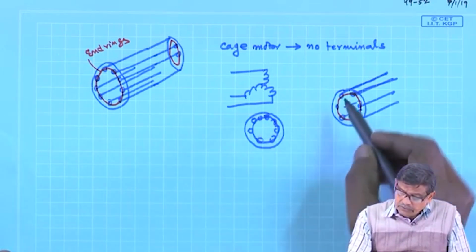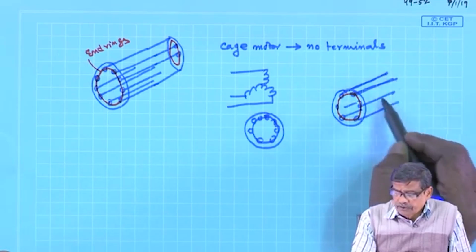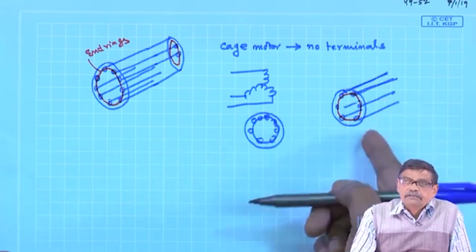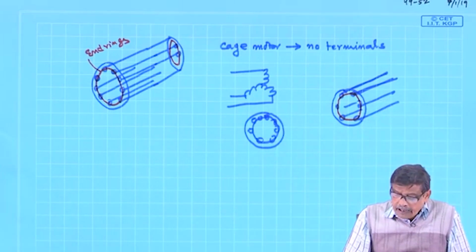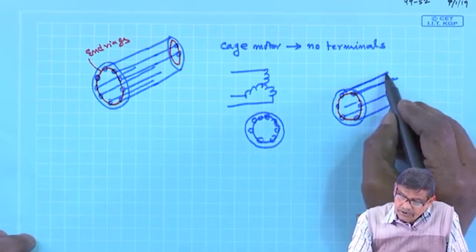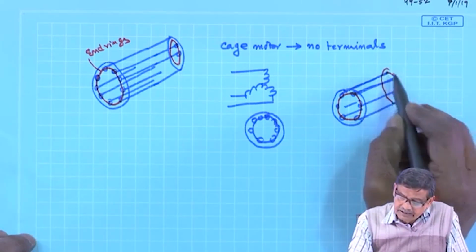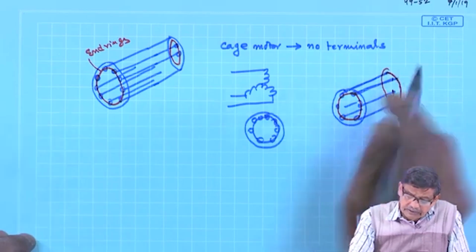So, I told you last time, very quickly I am telling that these bars can be shown to have a balanced polyphase winding, and now you imagine the other end ring is also put, so that all terminals are shorted here.